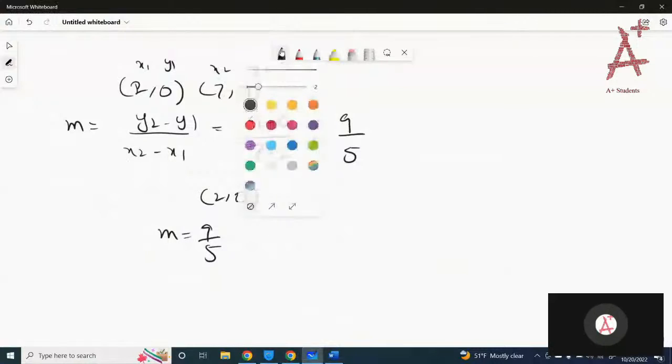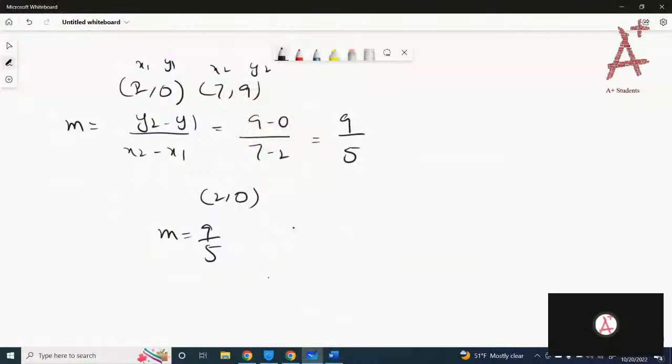The equation is y equals mx plus b. So just use the equation and find the value of b because you are not given the y-intercept. Use this point: y is 0, m is 9 by 5, x is 2. So it would be 0 equals 2 times 9, which is 18 over 5, plus b.